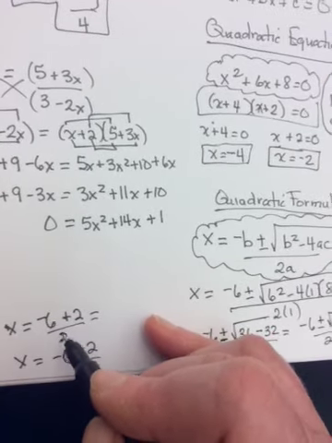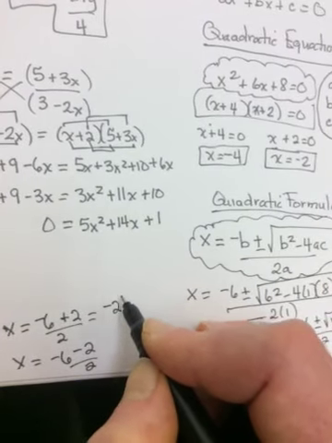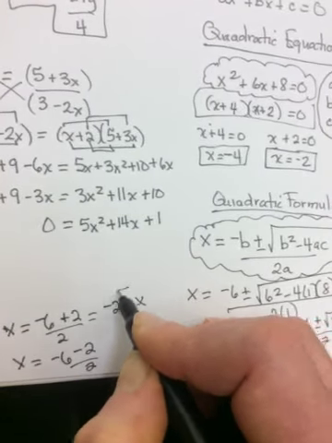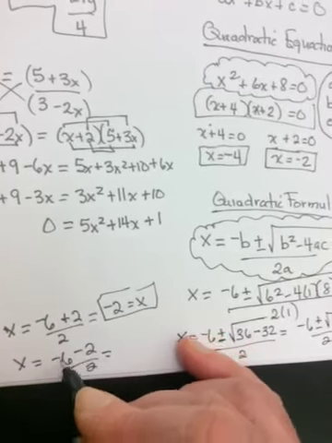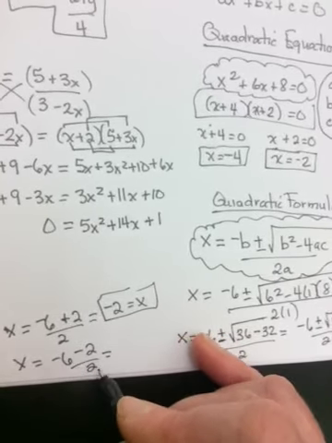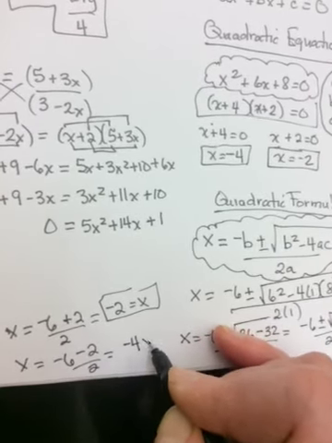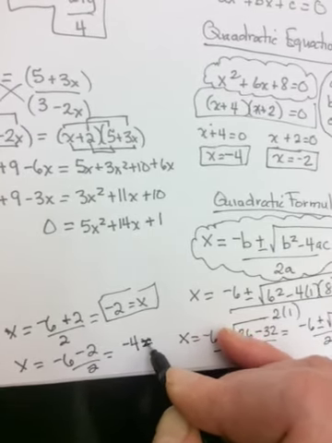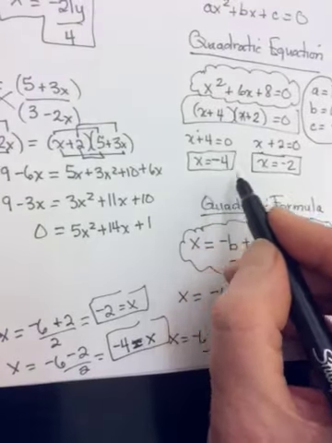It's negative 4. Divided by 2 is negative 2. So one of our answers is x equals negative 2. Our other answer, negative 6 minus 2 is negative 8. Divided by 2 is negative 4. Our other answer, so that should be an equal sign, is negative 4, which is what we found right up here.